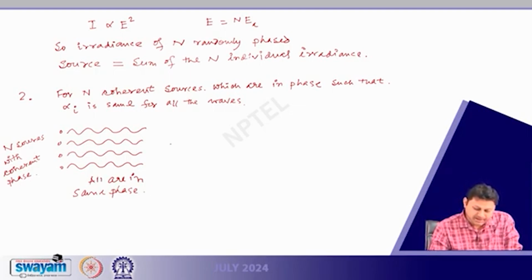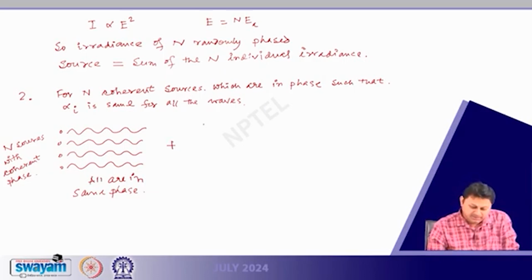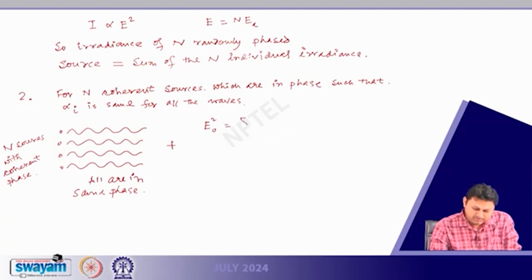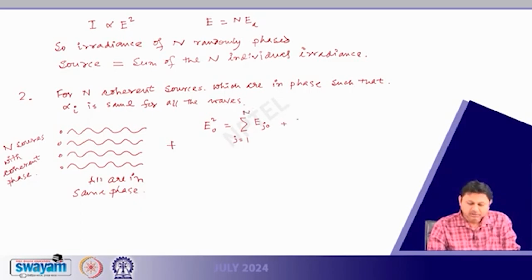In that case, if I add all the waves, then the value of the resultant amplitude square, E0 square, is the sum over j going from 1 to n of Ej0 squared, that is the first term. And the second term, since all the alphas are the same, we have cos of alpha j minus alpha i.